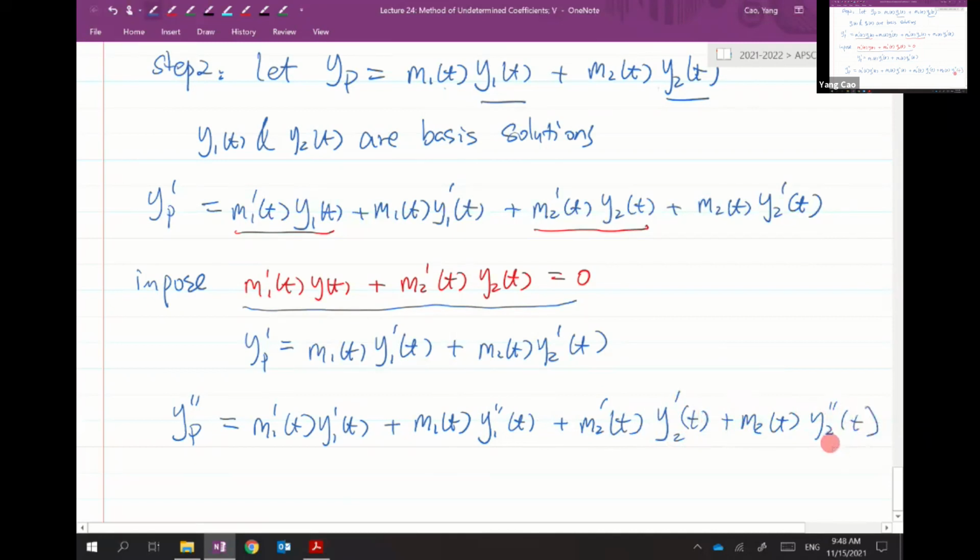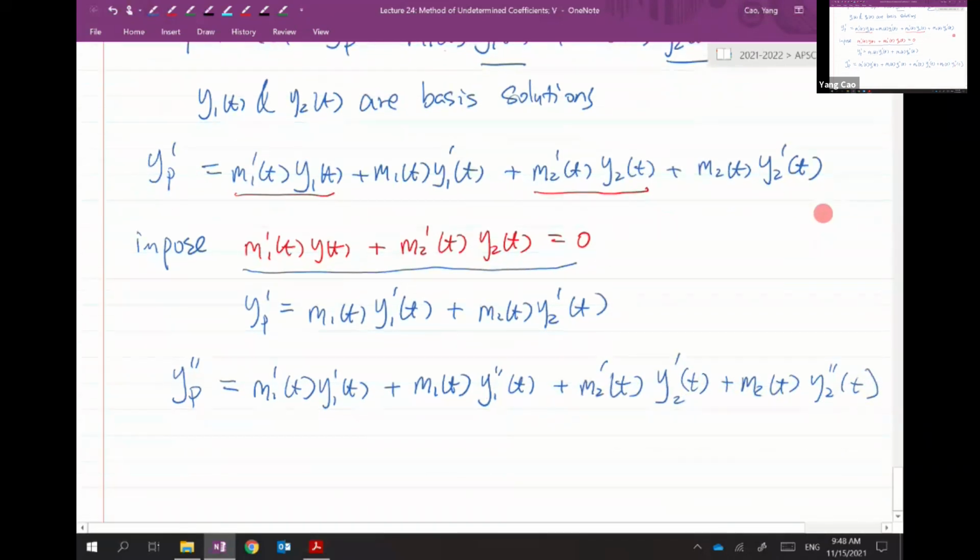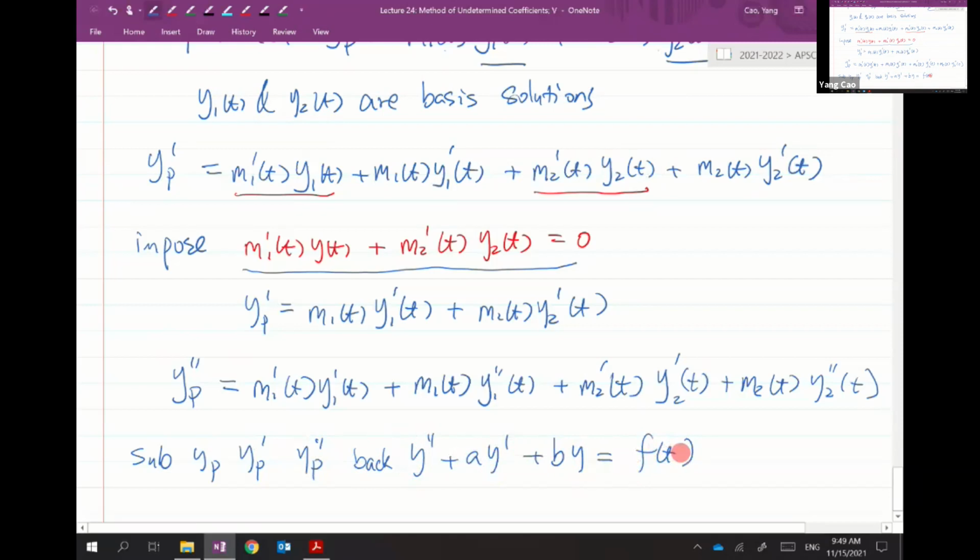That's the product rule based on yp prime. So now you have yp prime and yp double prime. So you substitute the three terms back into y double prime plus a y prime plus b y equal to f of t.